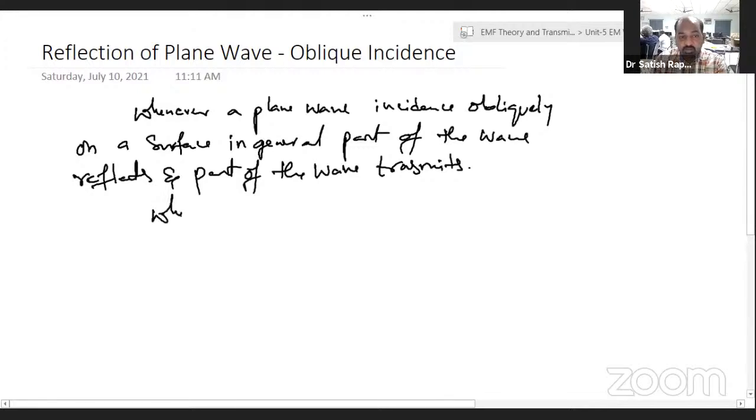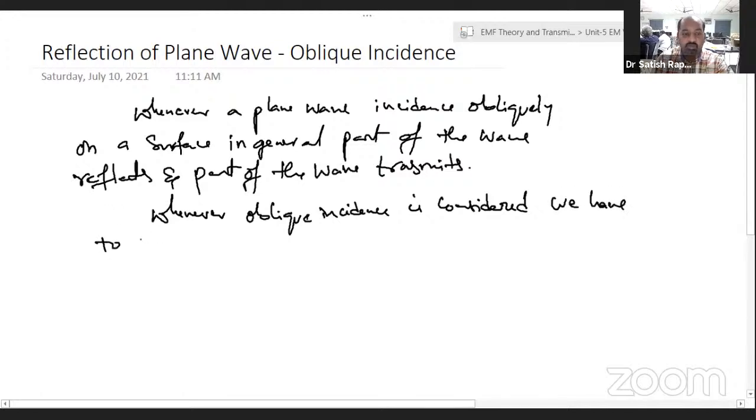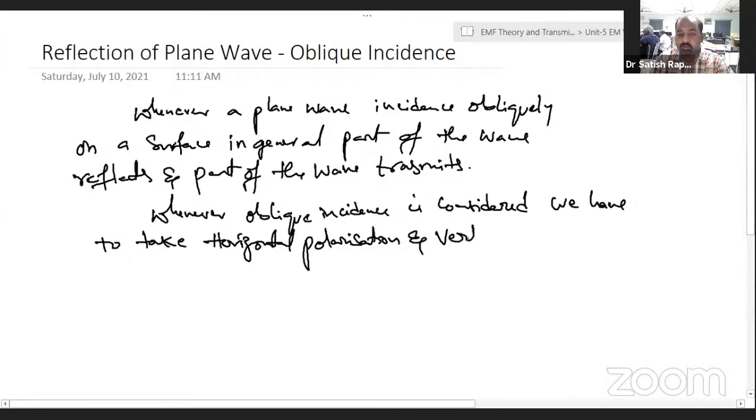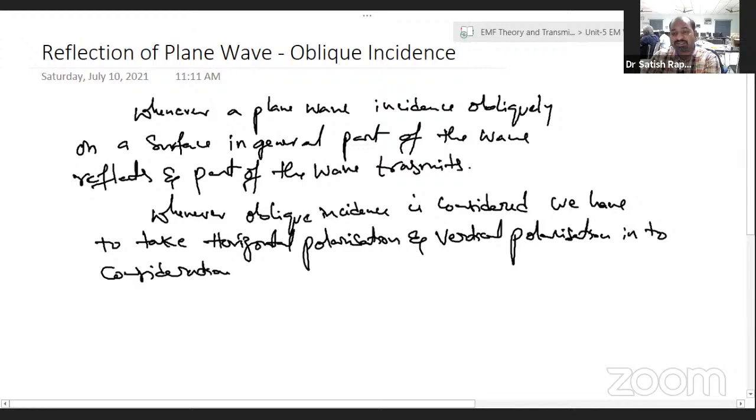And whenever oblique incidence is considered, we have to take horizontal polarization and vertical polarization into consideration.